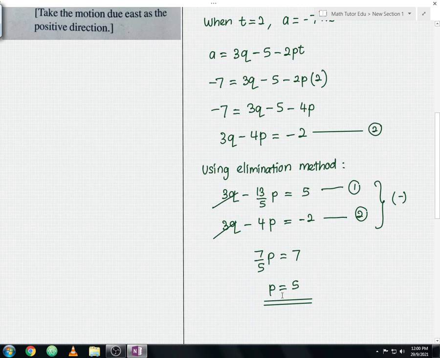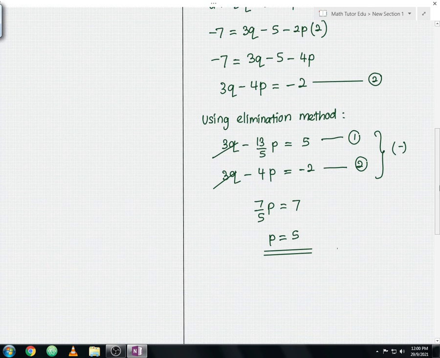Once you get your p value, now it will be easy for us to get the q value. You can substitute into either one of these equations. I choose to substitute into equation number 2. So when p is equals to 5, 3q minus 4, you times with 5, so it will be negative 2.